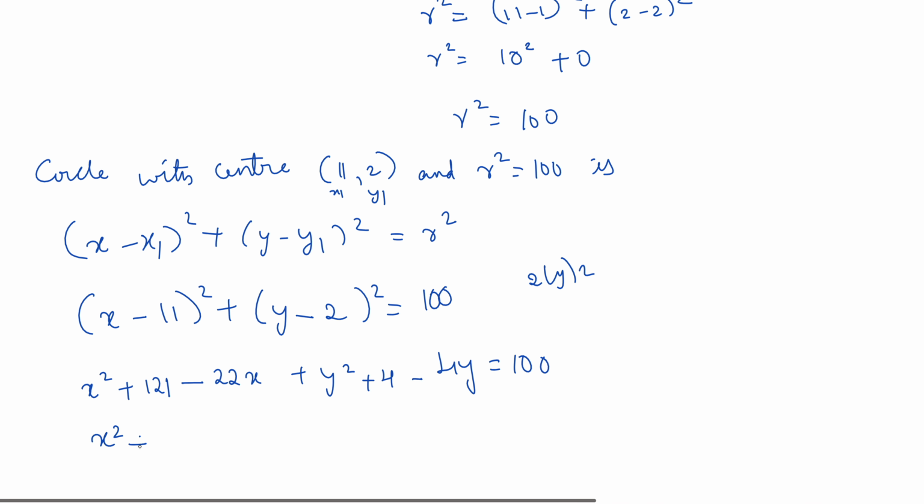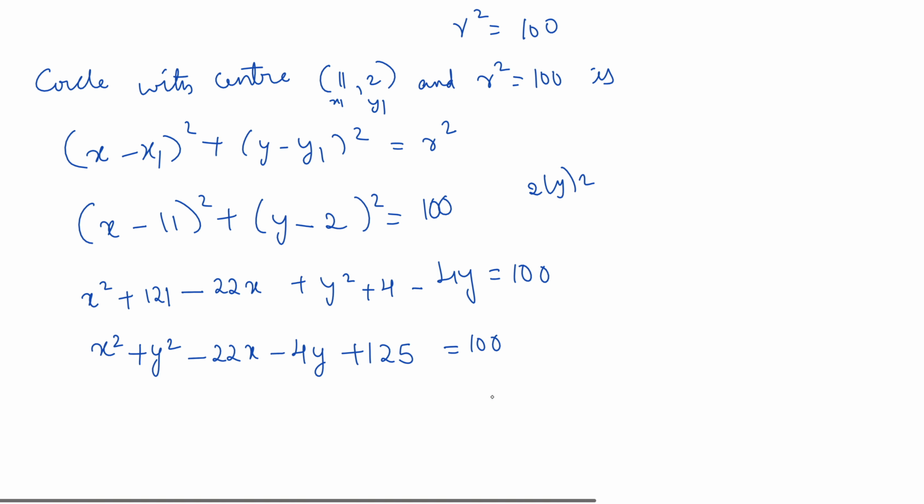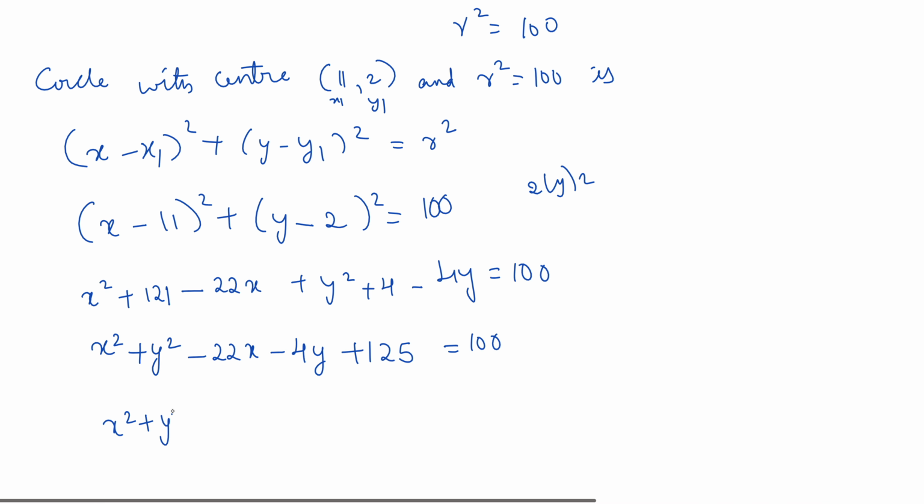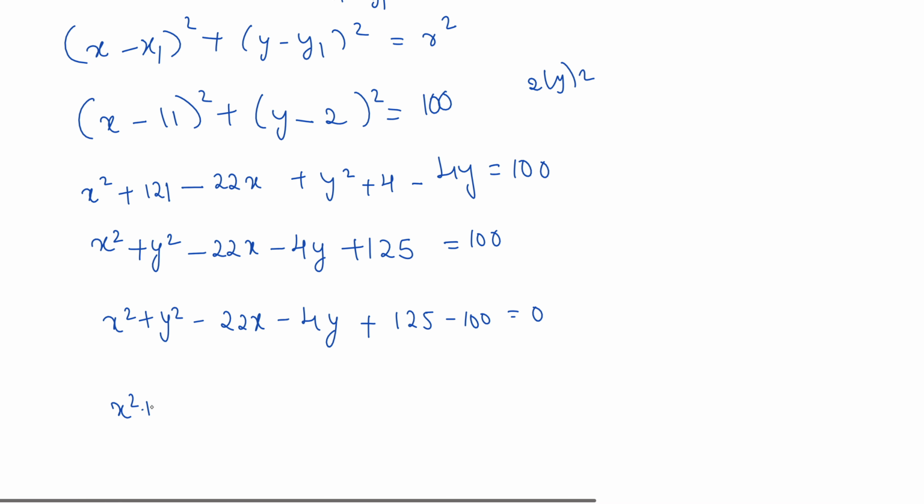So x square plus y square minus 22x minus 4y. Now 121 plus 4 is 125 equal to 100. Now let's send this 100 also towards the left hand side. x square plus y square minus 22x minus 4y plus 125 minus 100 equal to 0. x square plus y square minus 22x minus 4y plus 25 equal to 0. This is the equation of the circle. Thank you. See you in the next question.